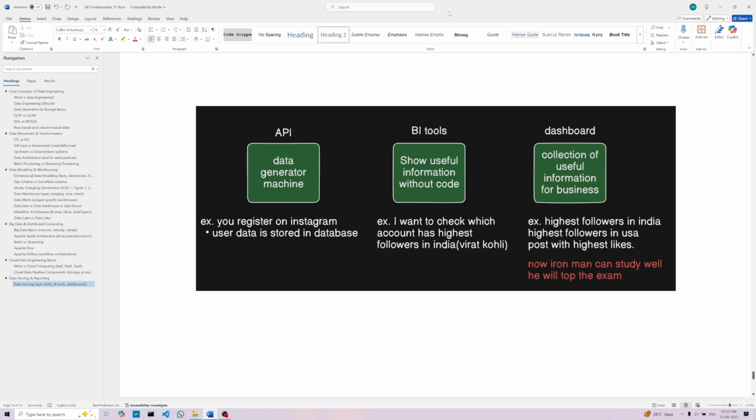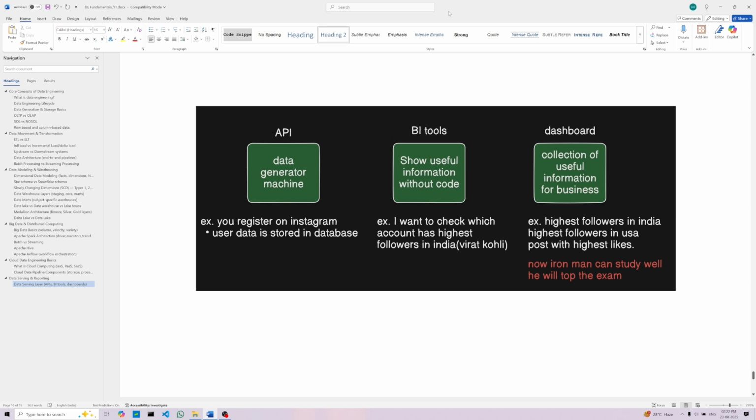Now third one, dashboard. What is dashboard? Just now we have seen useful information like highest followers account in India on Instagram.